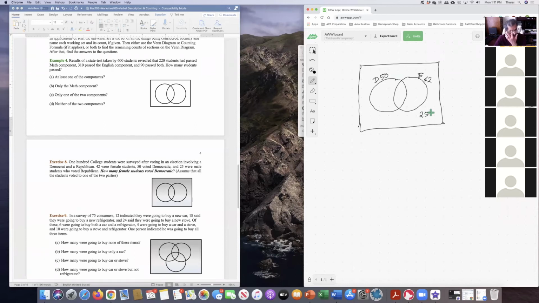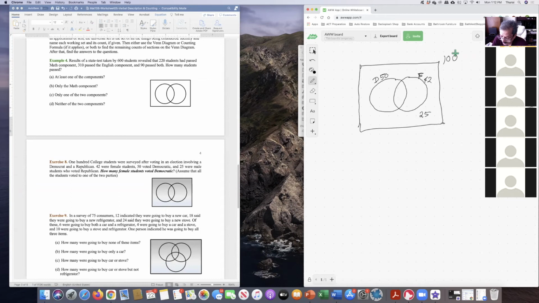And the total number of students that they are looking at, is that given? 100, yeah. So 100 students is the universal set. Okay, so now we need to figure out all these three sections. We don't know any of the sections, right? So it's a little bit tricky.